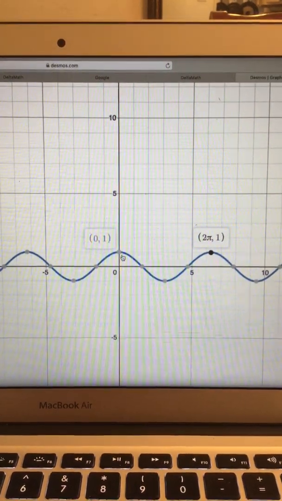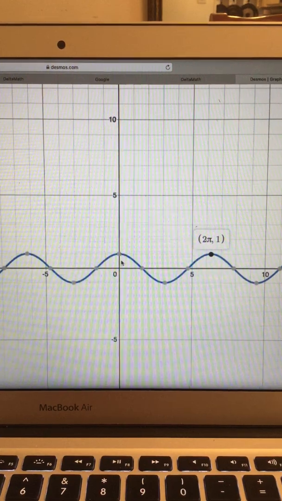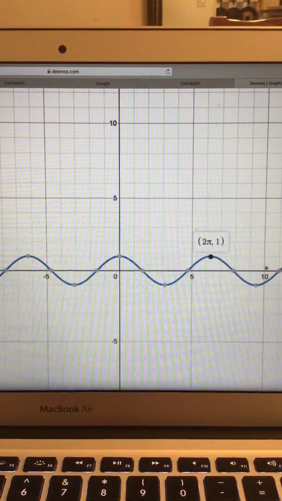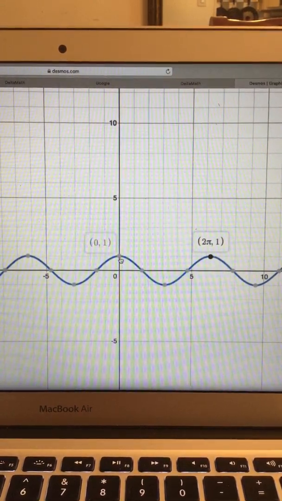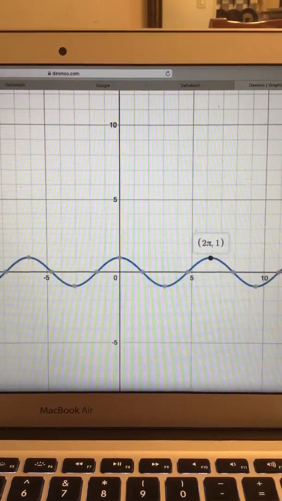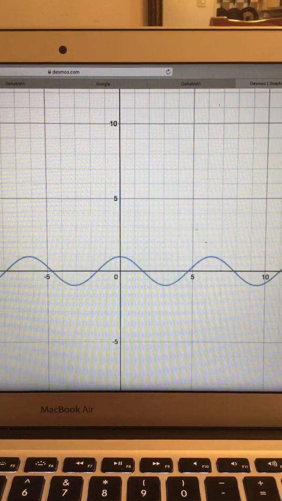But it's roughly the number 6. Now, looking at this curve, I have an amplitude of 1 because the axis of the wave, or the midline of the wave, is the line y equals 0. And from here it goes up 1 and down 1. Up 1 and down 1.